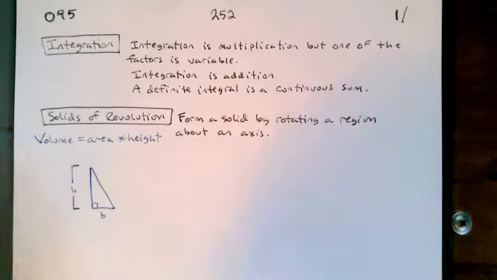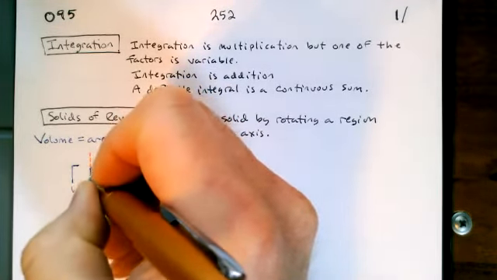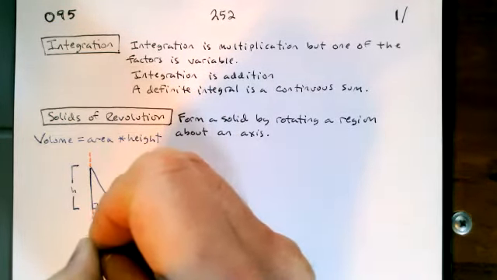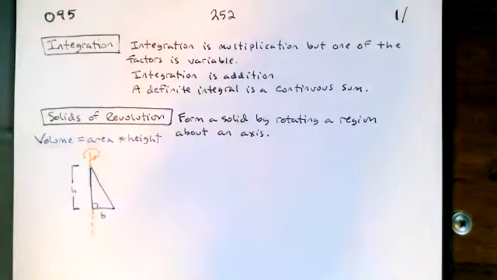For the axis, let's use just a vertical line through this vertical leg that I've labeled with the height. So we're going to rotate the region around that axis, and we'll end up with a cone.